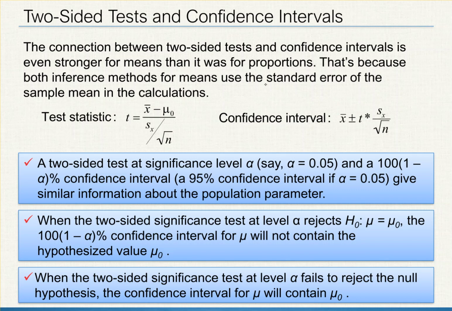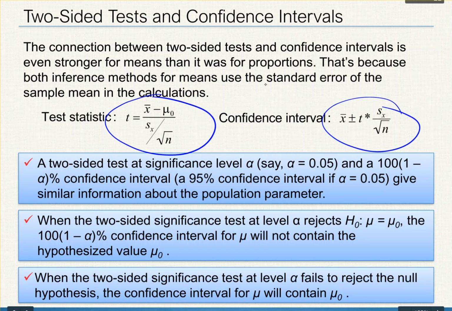If I compare these two formulas, if I solve this for mu naught, I end up with x bar minus t times sx over square root of n. Well, that looks pretty similar to what we got right here, right? So it's just plus or minus, and it's a t star instead of t. But the idea is that they're very similar. Basically the same formula.